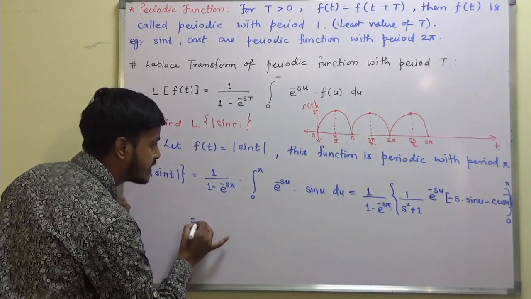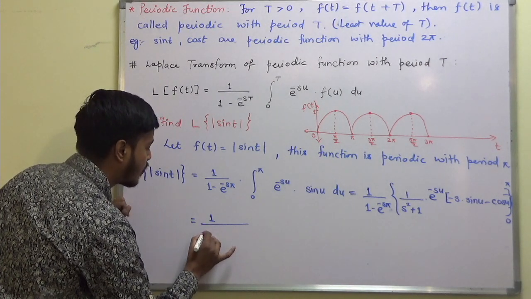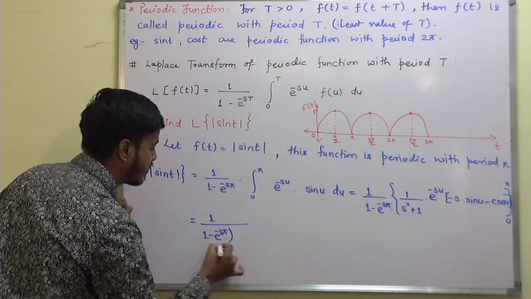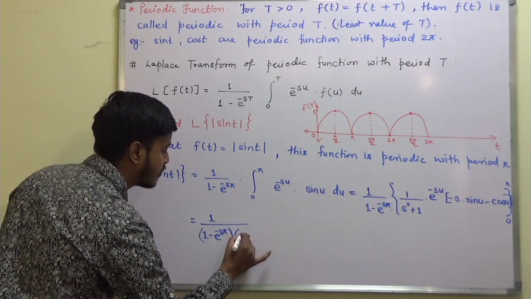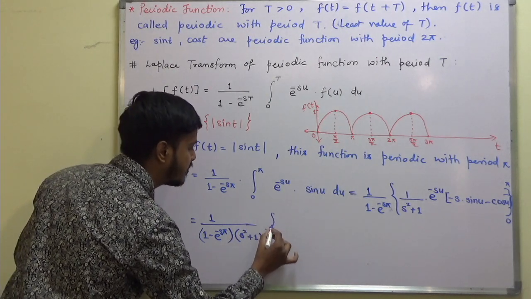So this is 1 upon 1 minus e to the power minus s pi, into s square plus 1. Apply the upper limit minus the lower limit.